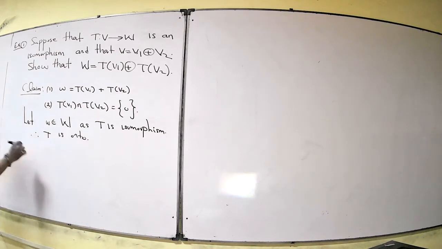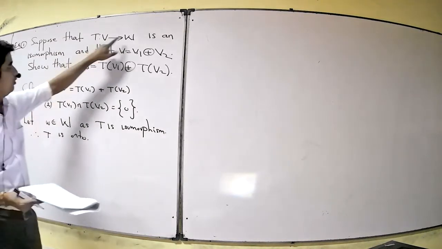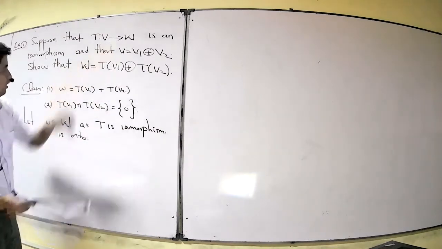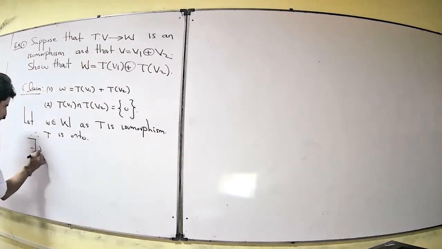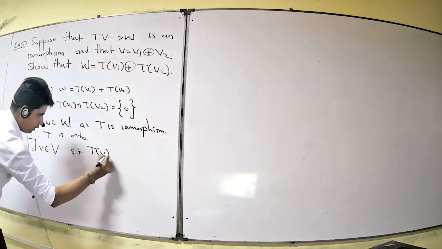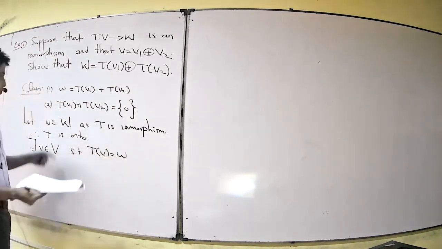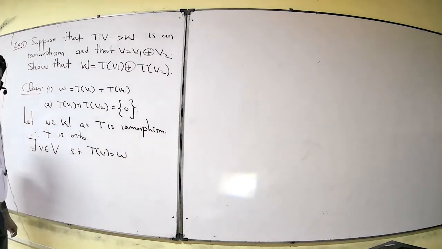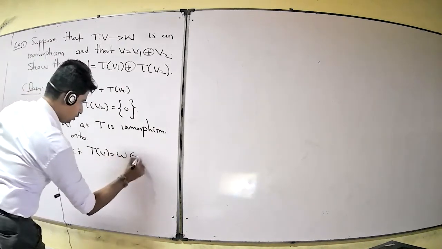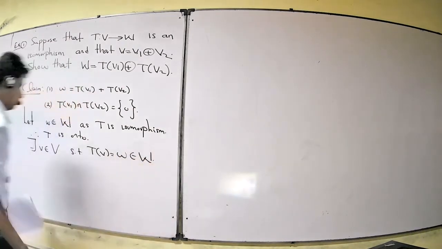Then you know that T mapping from V to W, we found one of the elements w belonging to capital W. There exists v belonging to capital V such that T of v equals w because T is onto. Okay, T is onto.